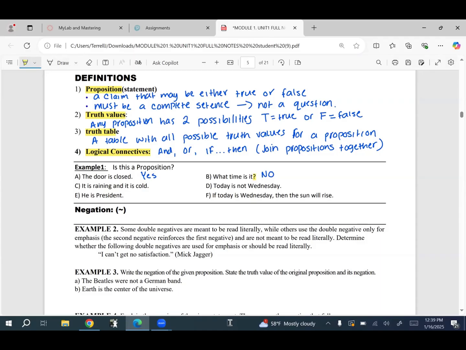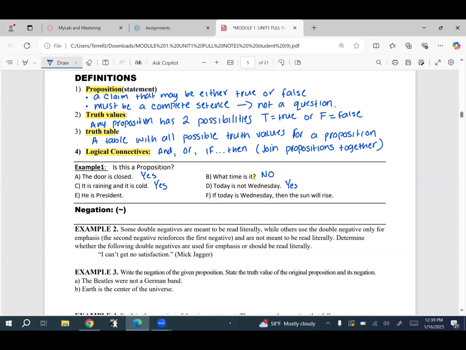C, it is raining and it is cold. Yes, that is a complete sentence. Today is not Wednesday. That is a complete sentence. Again, we don't care if it's true or false. A proposition is just a statement. Next, he is president. We don't have more context to that.